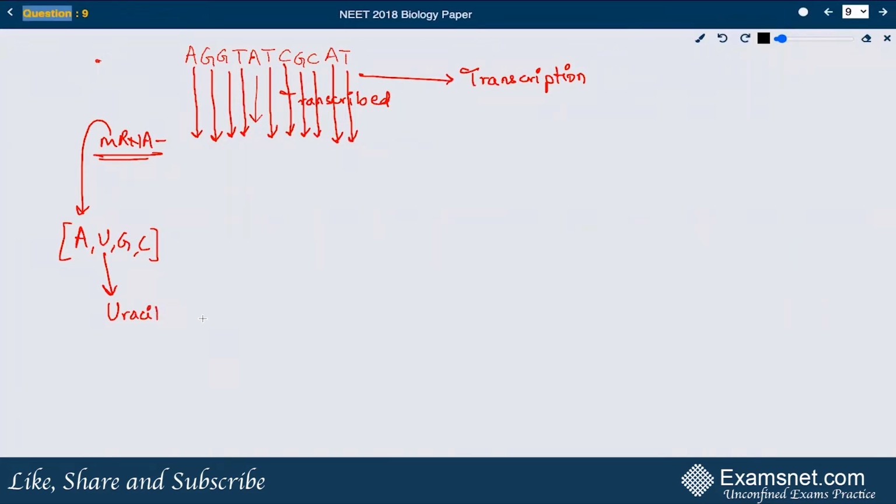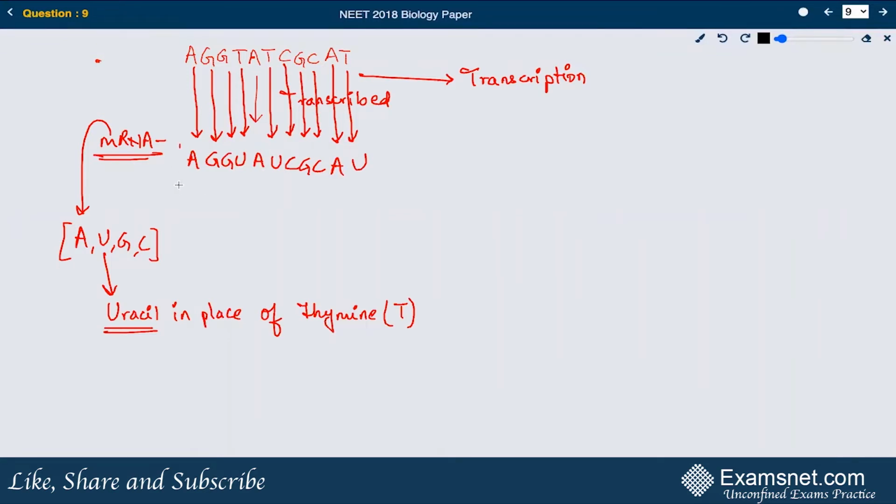All right. It is uracil in place of thymine, which is T. So the entire sequence will be the same. That means it will be A, then G, G, then here will be U, then A, then U, C, G, C, A, U. All right.